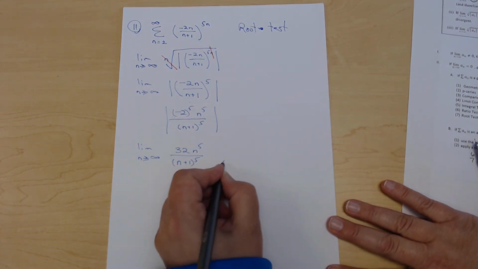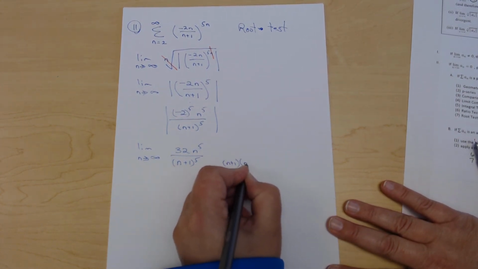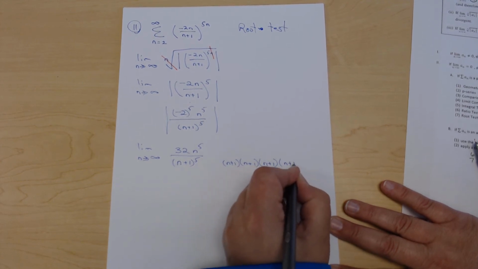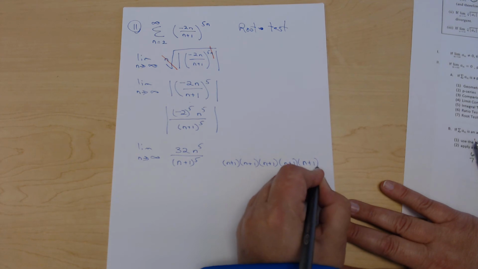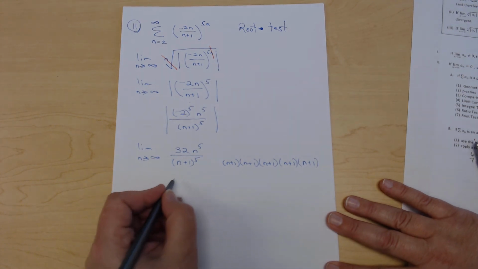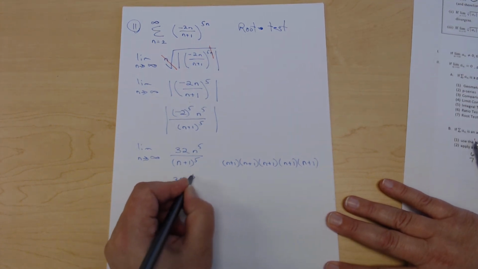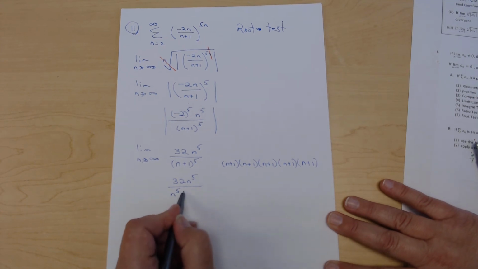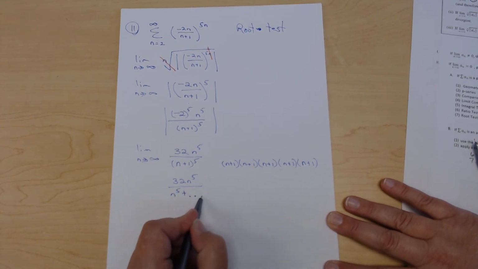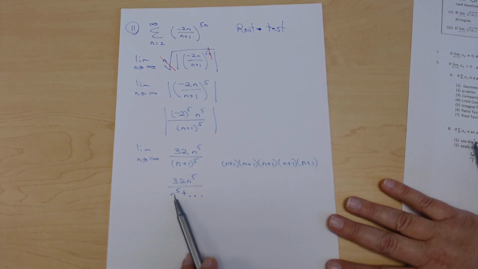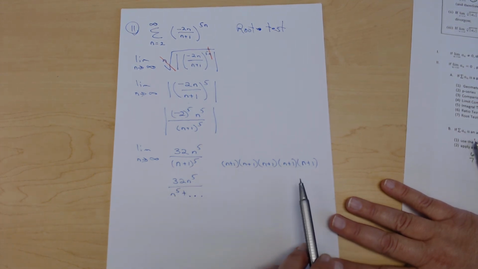So if I actually did write this out 5 times, 1, 2, 3, 4, 5, the only thing I care about is the first term, and I would actually have an n to the 5th. Would I have a lot more? Absolutely. Those 3 dots are important. But I would at least know that my highest exponent would be an n to the 5th.